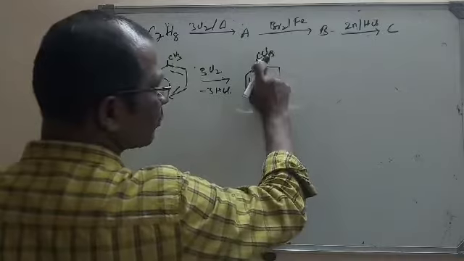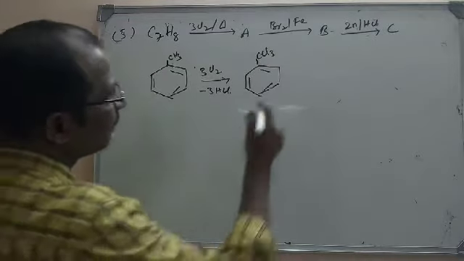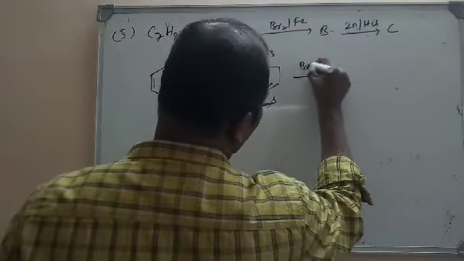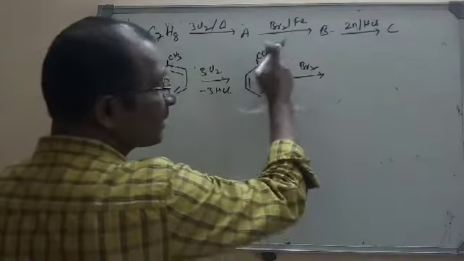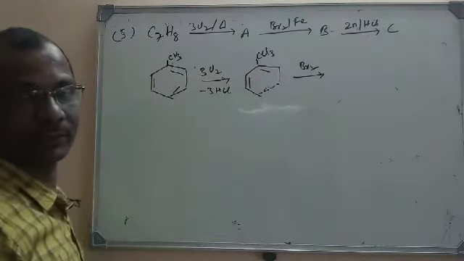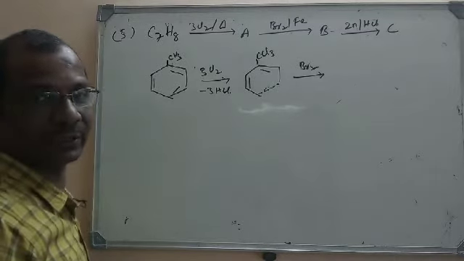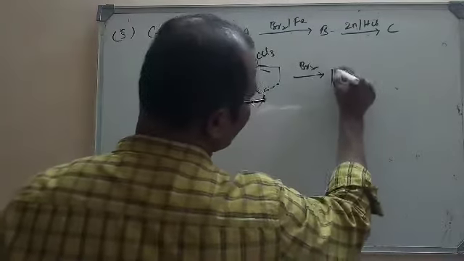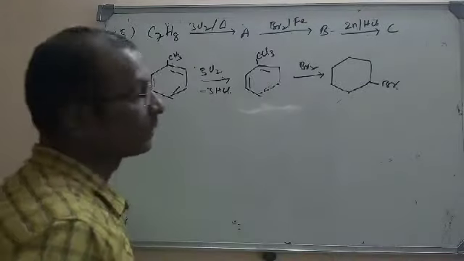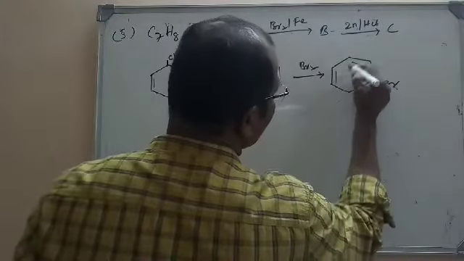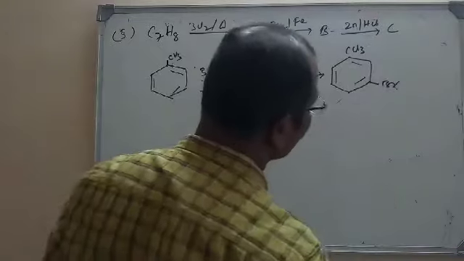Now it is brominated here. Bromination is electrophilic substitution. Actually CCl3 is a strongly deactivating group, a meta-directing group. So on bromination, a bromine will be substituted on the meta position.